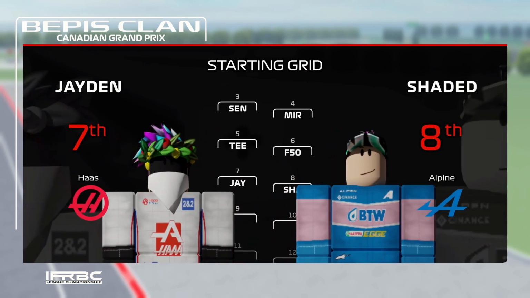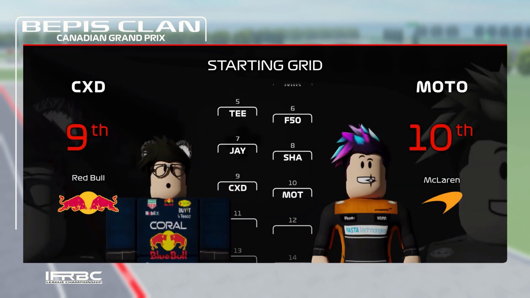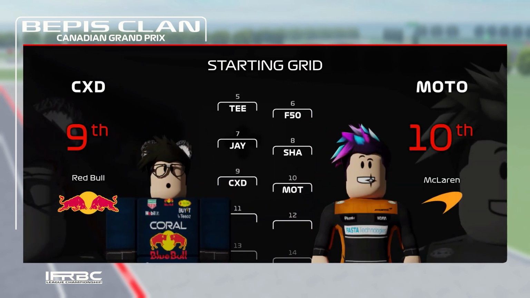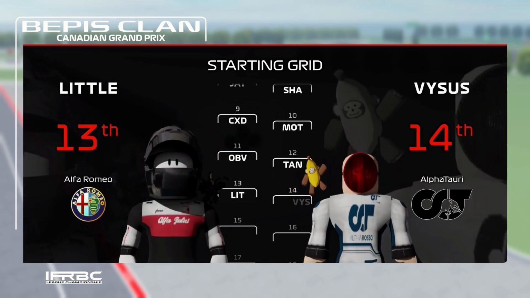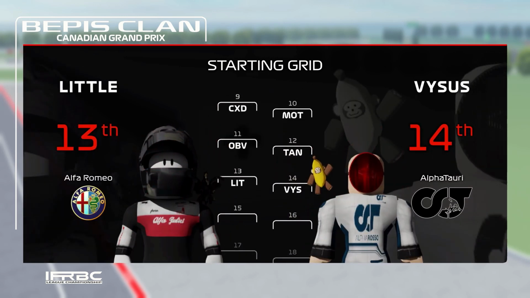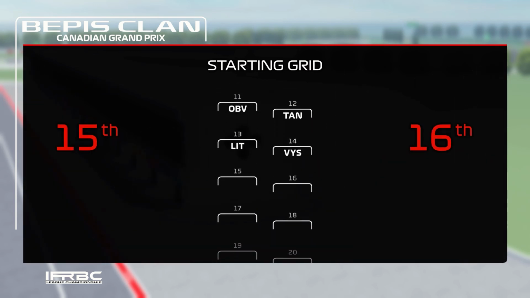We have Jaden, first race, in 7th, and Shaded in 8th. We have 60 in 9th for Red Bull, and Moto is in 10th for McLaren, not his best qualifying, but not his first. We have Obvious in 11th for Aftari, and Tene in 12th. Little in 13th for Alfa Romeo, Visas last in 14th.